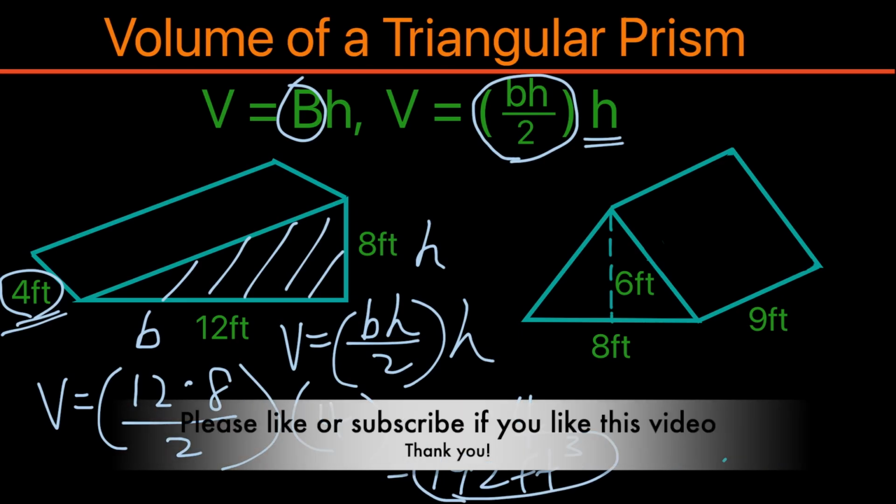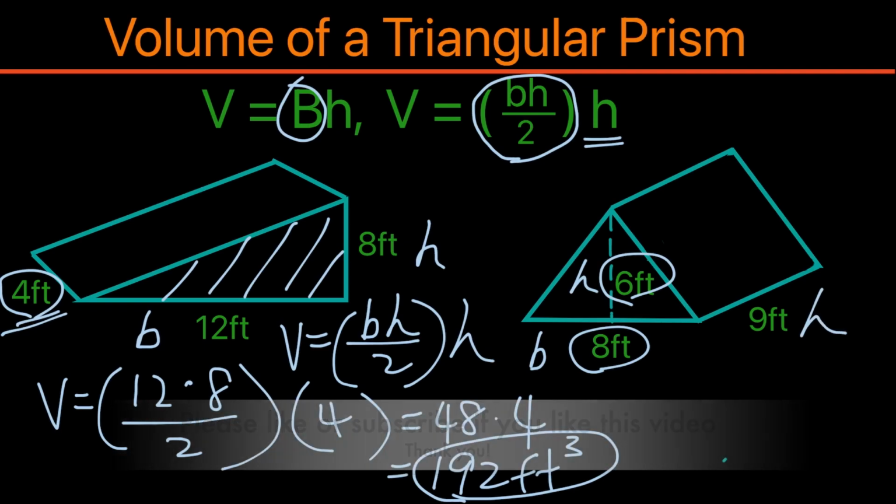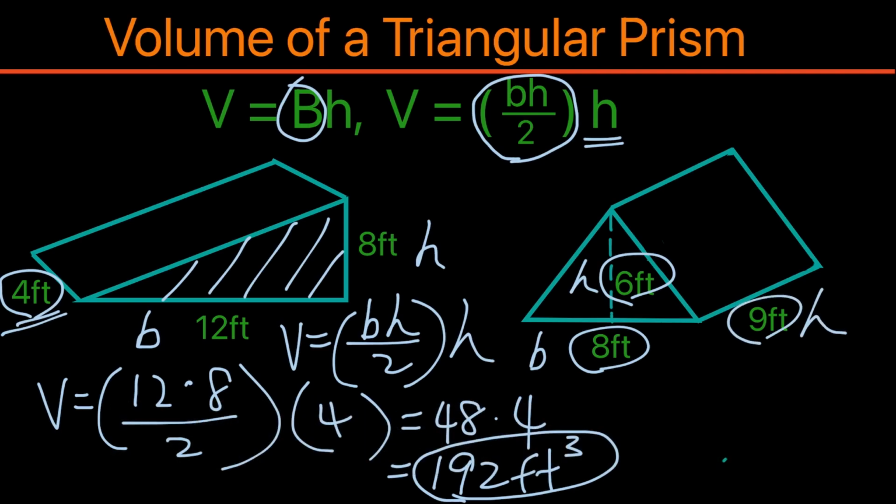Now for the second example, we have a different triangle. This triangle, we know the height is 6 and the base is 8. And the 9 here would be the height of the triangular prism. So we're gonna take the volume.